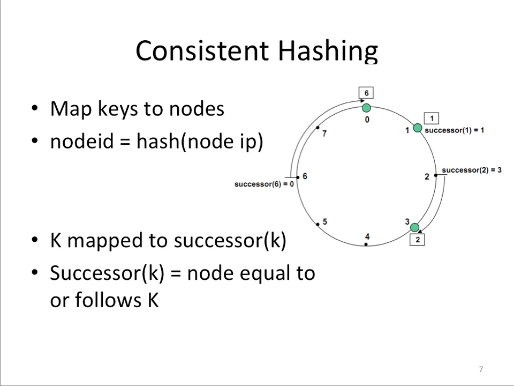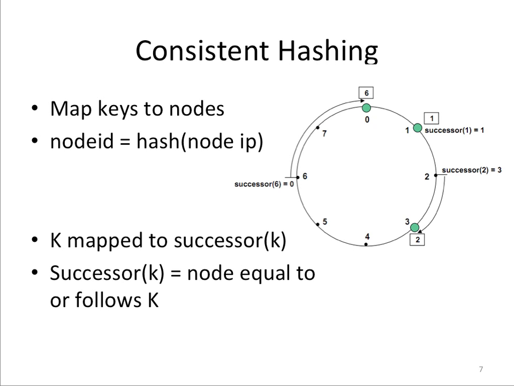One simple way to do that is by saying the successor is basically the computer that has k or is responsible for the smallest value larger than k. Does that make sense? For example, let's think about the key 2. What's the machine that's responsible for that particular key if we go by this algorithm?